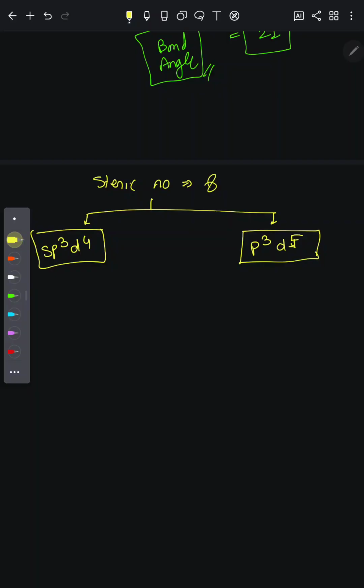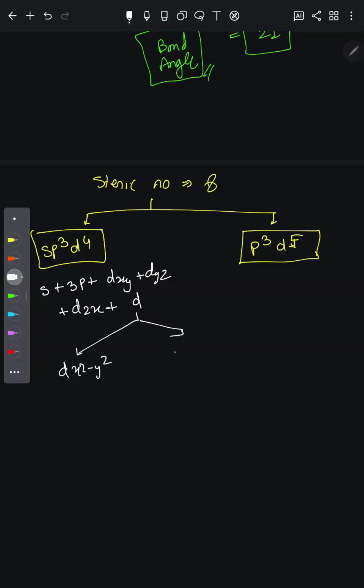So when can we see which hybridization? When s plus 3p plus dxy plus dyz plus dzx plus d. This d can be dx square minus y square and dz square.